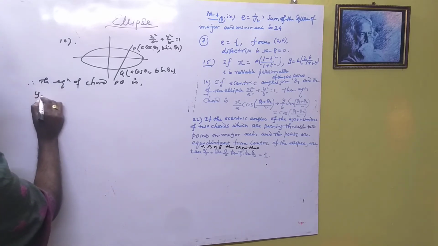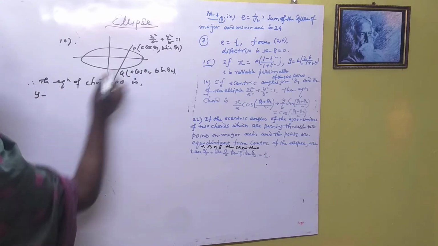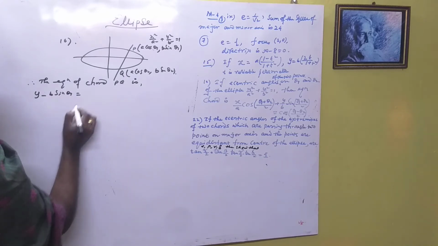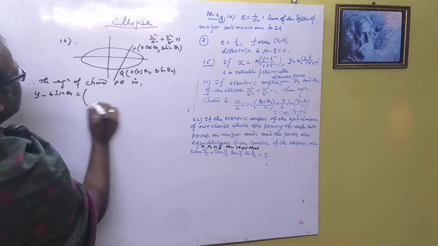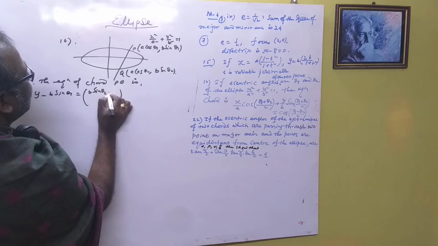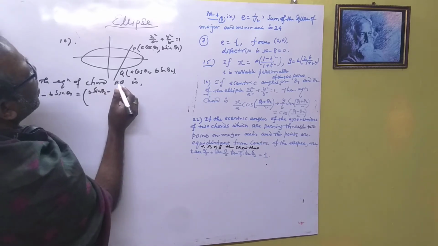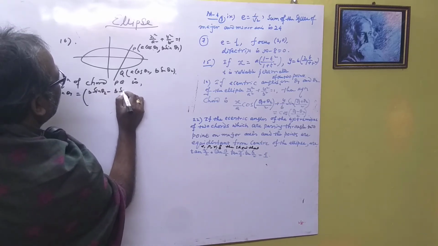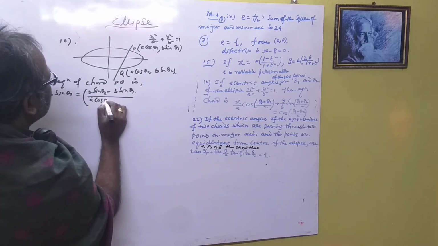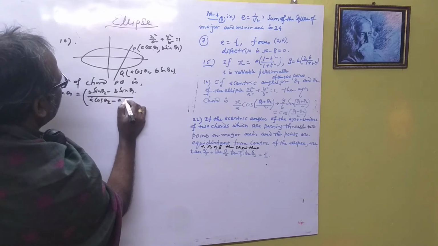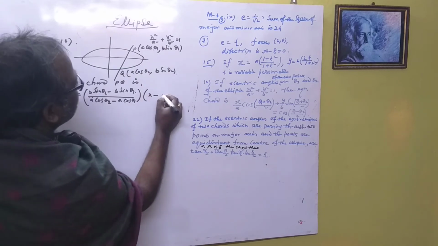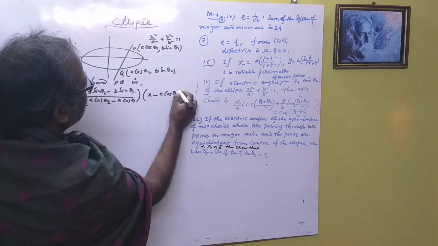This is the definition of a straight line: y minus y1 equals the slope, (y2 minus y1) by (x2 minus x1), times (x minus x1). So y minus b sin theta 1 equals (b sin theta 2 minus b sin theta 1) by (a cos theta 2 minus a cos theta 1), times (x minus a cos theta 1).